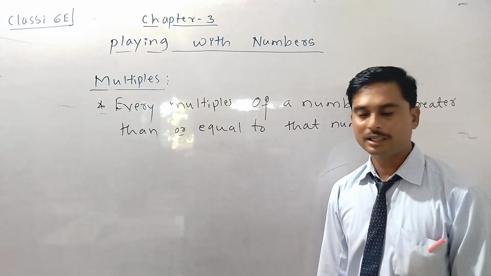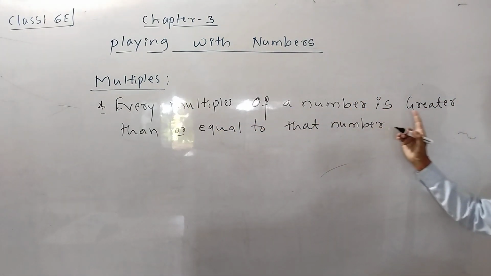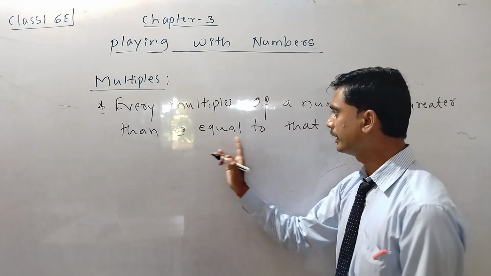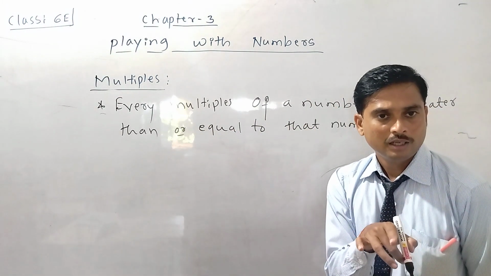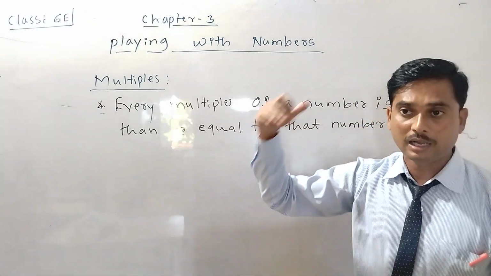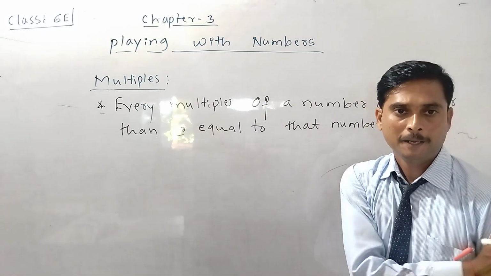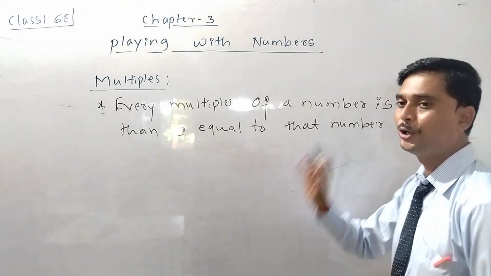Okay, I already discussed it. Every multiple of a number is greater than or equal to that number, because factors are what? Sir, the factors are equal to that number or less than that number. But multiples are greater than or equal to that number.